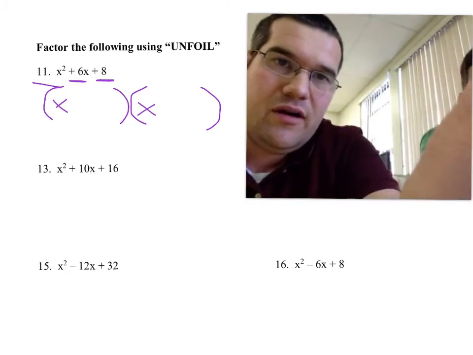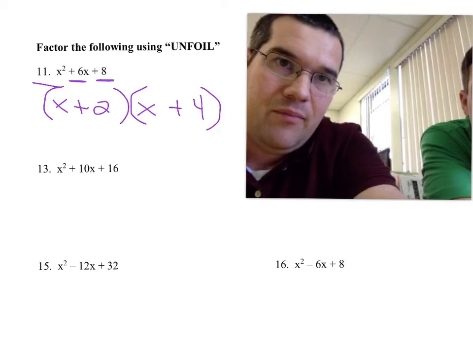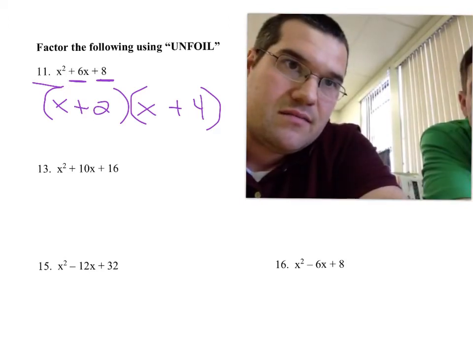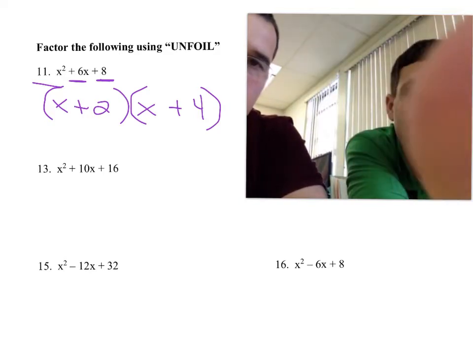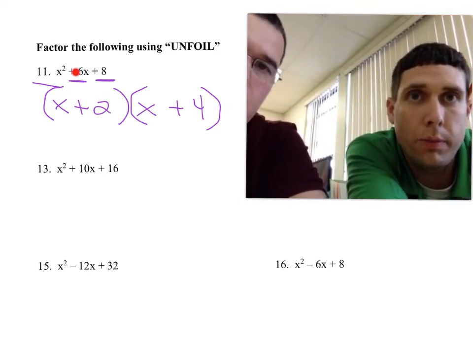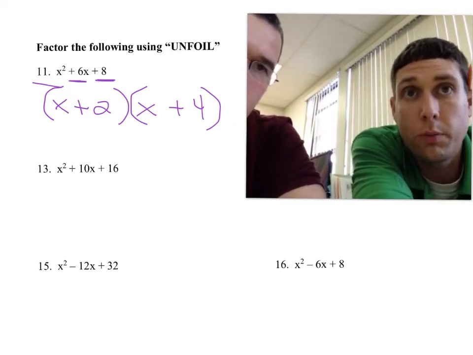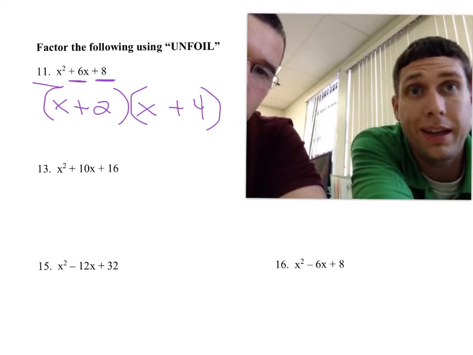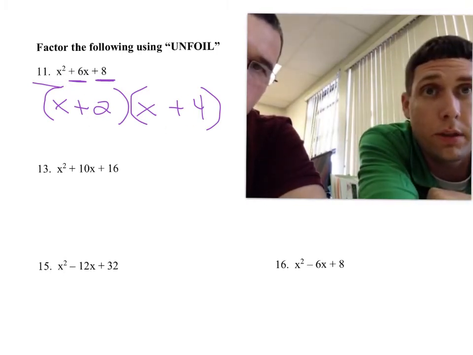So I'm going to multiply 2 times 4 to get 8, and when I add them up they give me my 6x. Whenever both are positive, those are the easiest to work with, because two positives give a positive when we multiply and when we add, so both binomials will have plus signs in the middle.